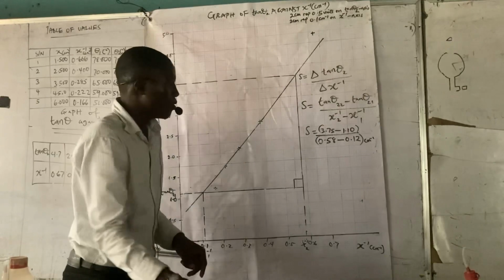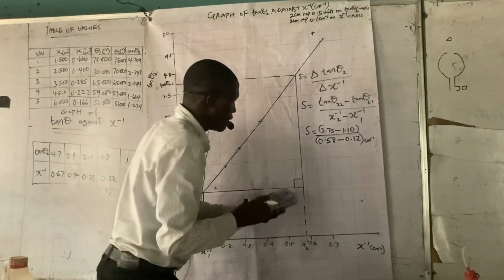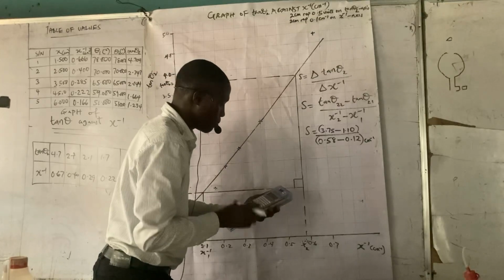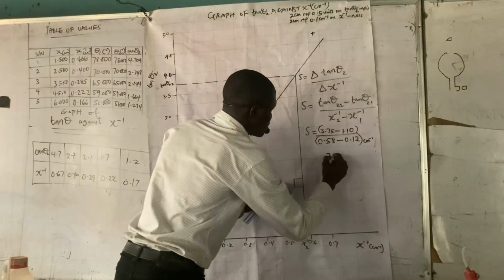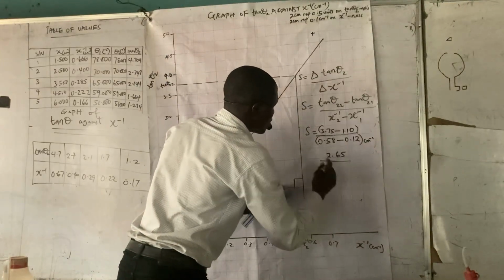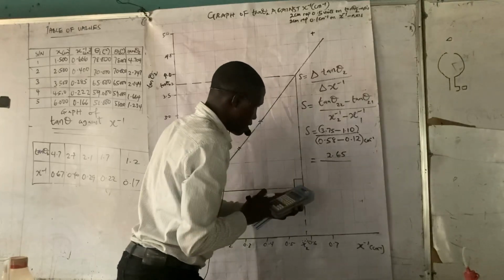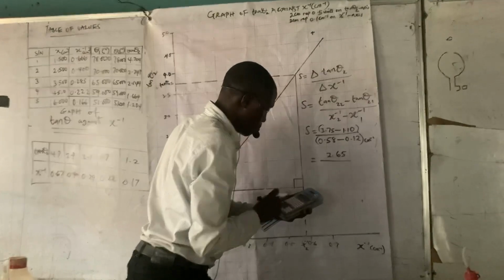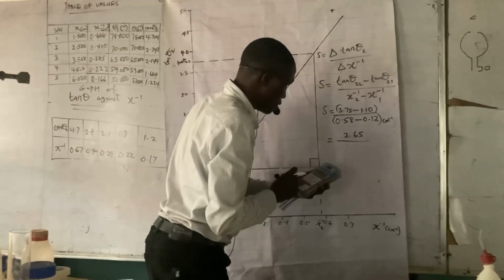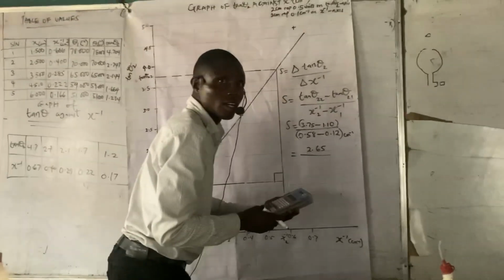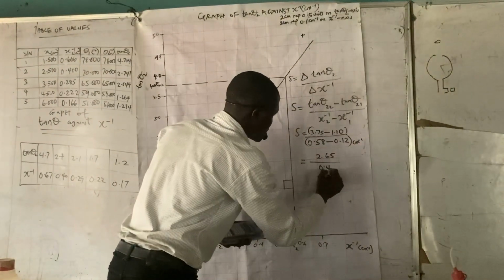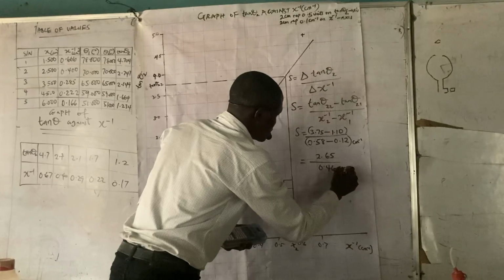So with this now, we can easily calculate our answer. We have 3.75 minus 1.10, we have 2.65 all over 0.58 minus 0.12, we have 0.46 per centimeter.